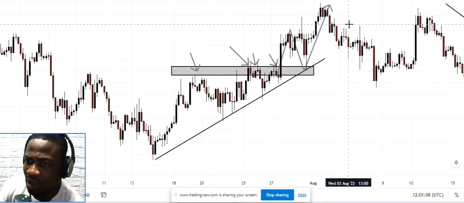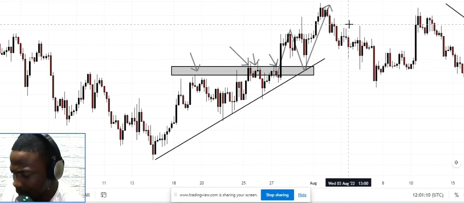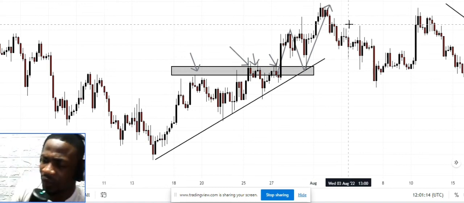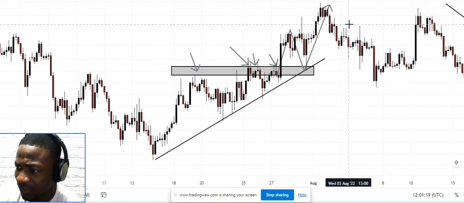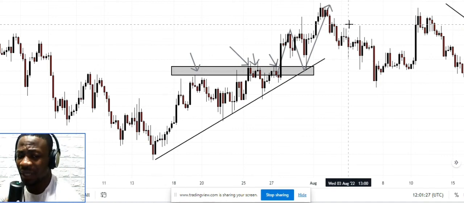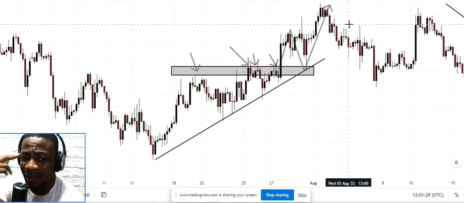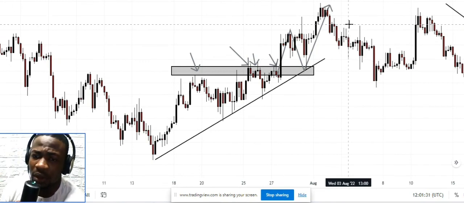So in other words, if you are looking to risk about 1 rand, you want to at least make 2 rand or 3 rand. There are different strategies out there that can give you like 1 rand risk, and you make a lot more back, but like I said, the goal is not to find the holy grail, because the holy grail doesn't exist. What does exist, in my mind, is risk reward.